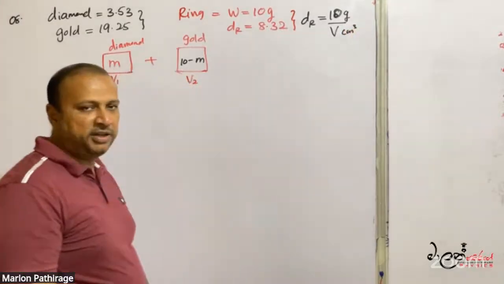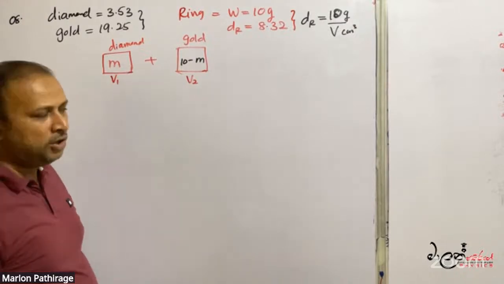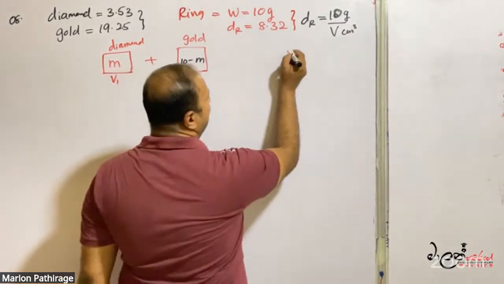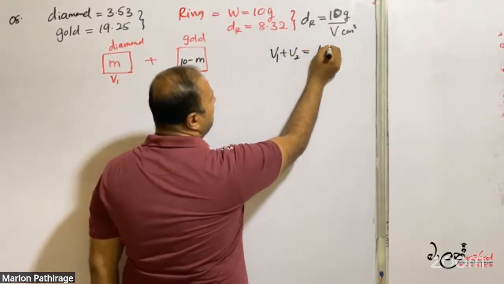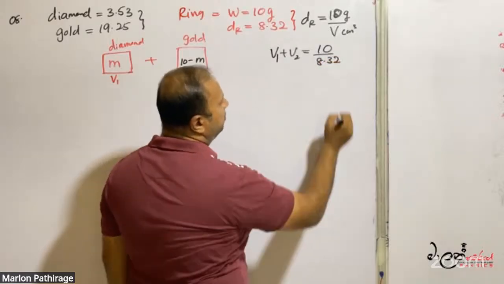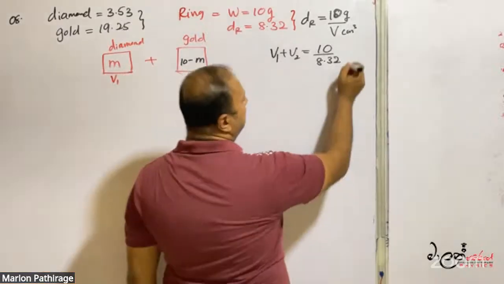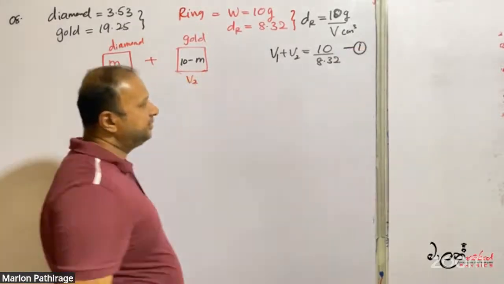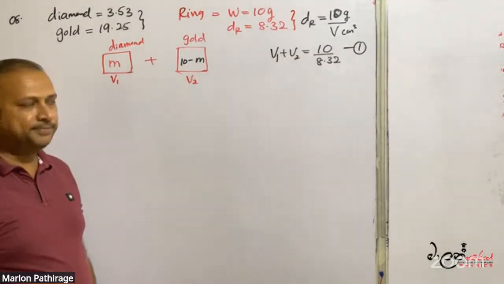Therefore, V1 plus V2 should be equal to 10 over 8.32.